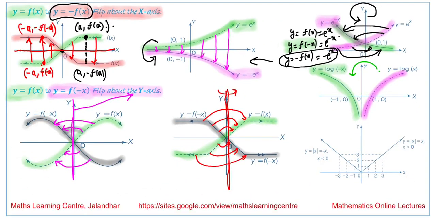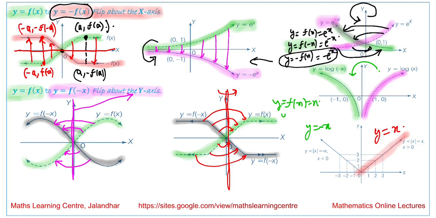Next, the graph given to us is the line y is equal to x. I am writing it over here. If we have to plot the line y is equal to minus x, the function we have is y is equal to f of x is equal to x.